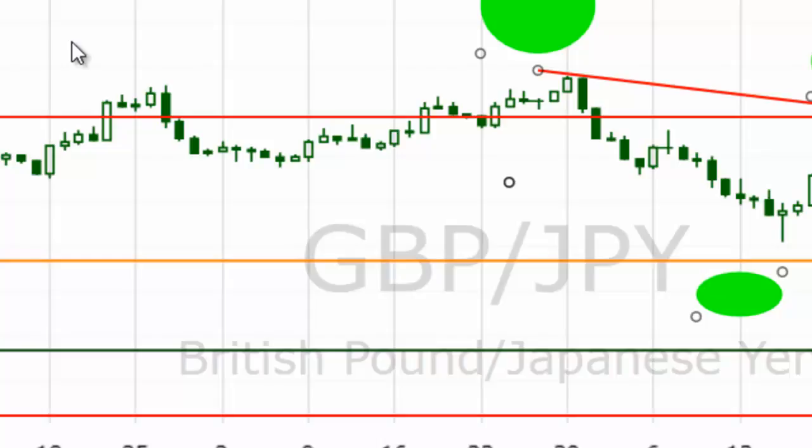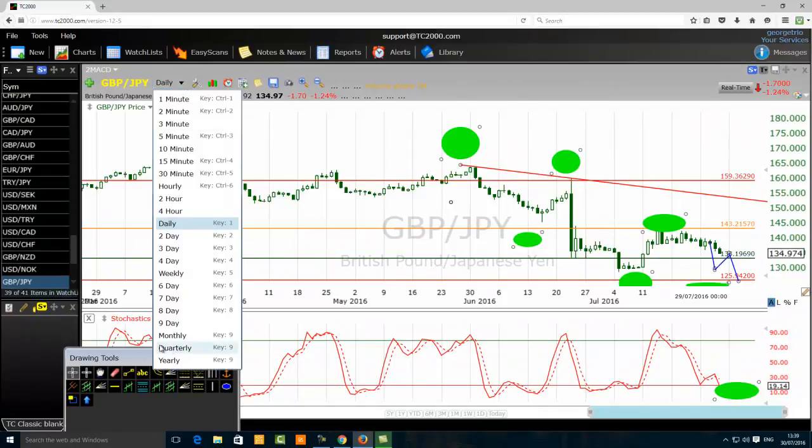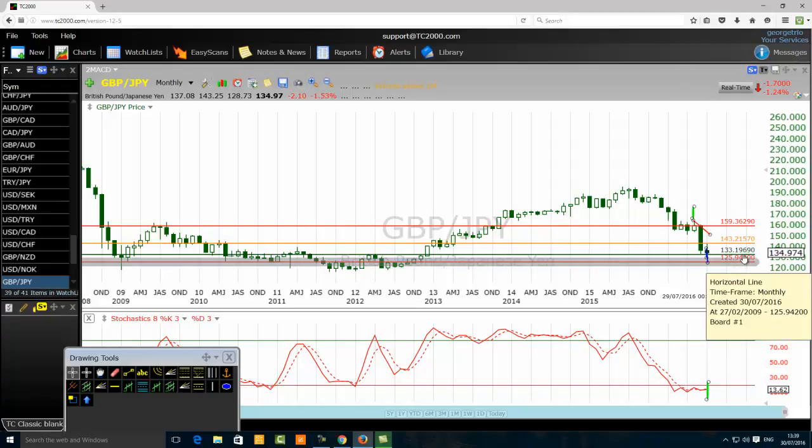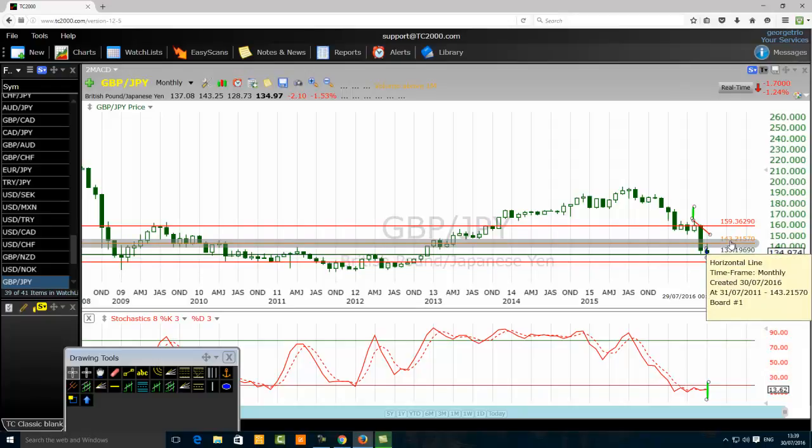You trade like a pro using a multiple time frame trading method, find a high probability trading setup on the edge around key levels, and know the price structure that is in place. So talking about the pound yen, the current price structure is a consolidation between 159.36 and the level of 125.94. The median line is 143.21.